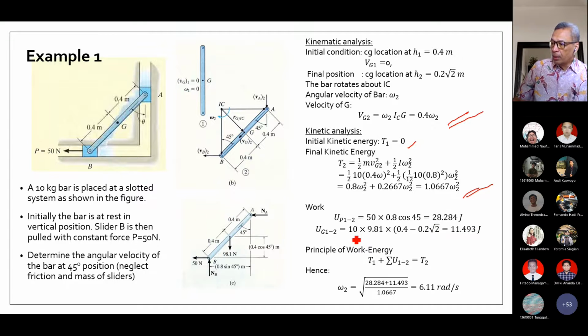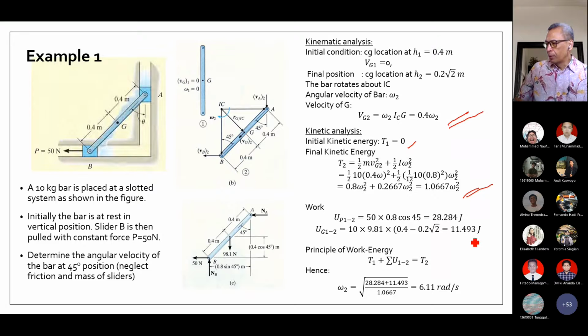And the work done by gravity is mg multiplied with the displacement from this point to this point. At the initial condition the height of G is half the length of the bar, and then at the second position you can calculate the height of G is 0.4 multiplied with cosine 45.